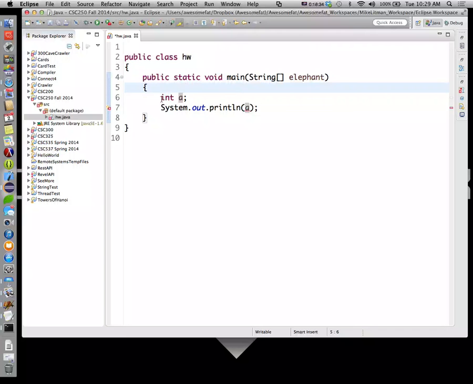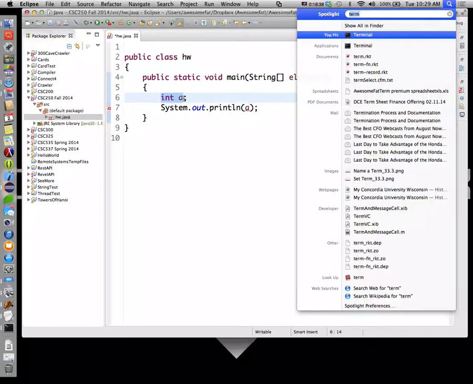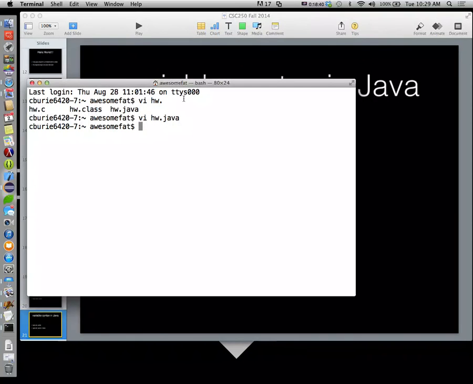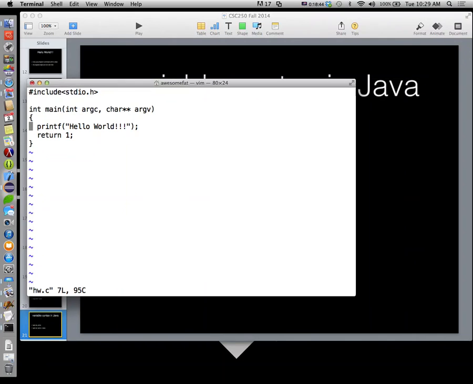In an older language like C, if I were to define a variable a, and here we'll actually go and do this: int a, and let's just print out the value of a is.